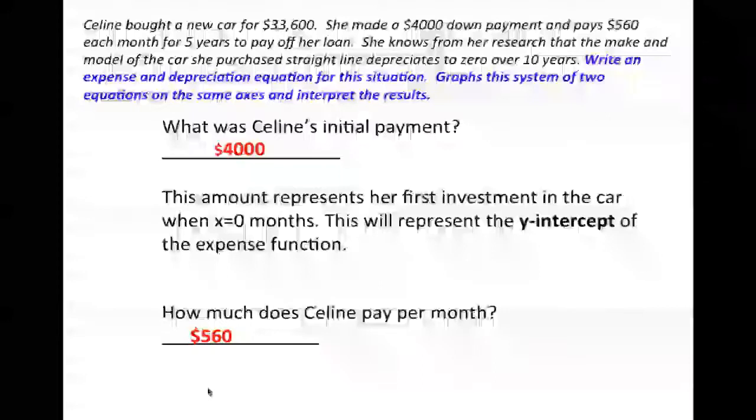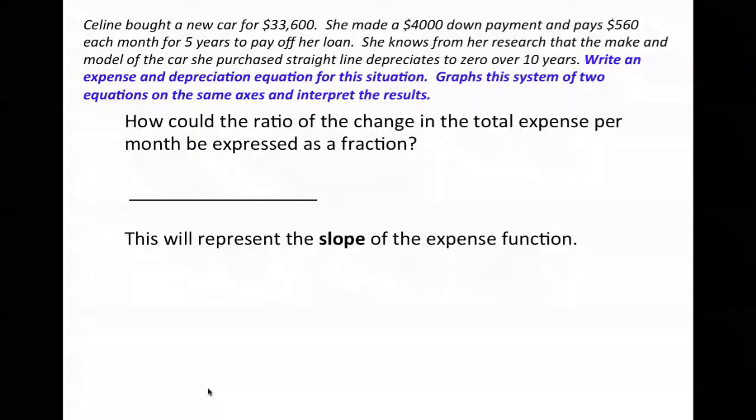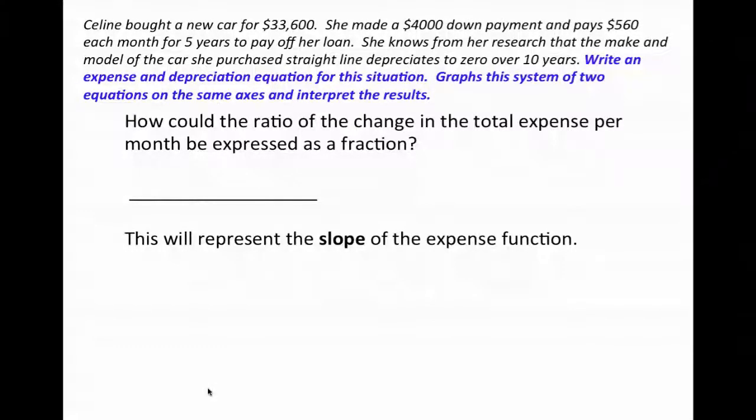All right. The reason I asked you to write this down is because now we're going to carry over to another slide. How could the ratio of the change in the total expense per month be expressed as a fraction? What's her only expense per month? Don't worry about maintenance or gas. We're just talking about loan expense here. $560 per month.